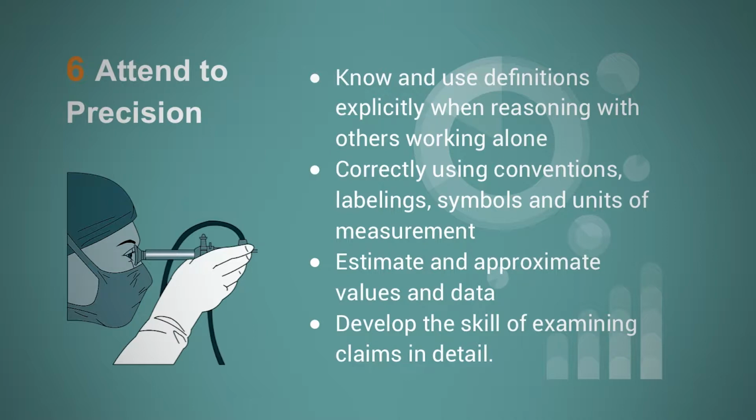Correctly use conventions, labeling, any tools or cues that help in your system, symbols, units of measurement. Estimate and approximate values and data. So have the flexibility and be able to adapt accurately to your context.